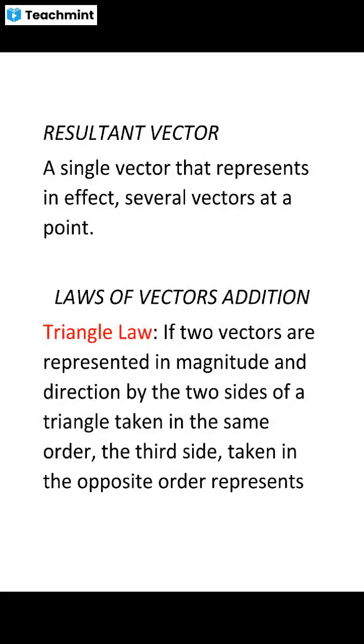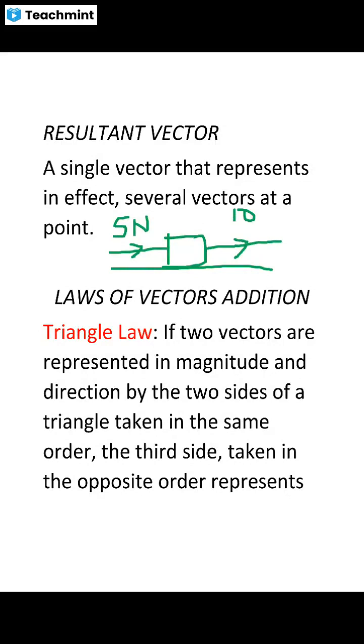Now let's go to a very important property of a vector: a single vector can represent in effect several vectors at a point. What do I mean by this? If I put a box here now, and I ask a student to push the box along this side with 5 Newton, and I ask another student to pull the box with 10 Newton.